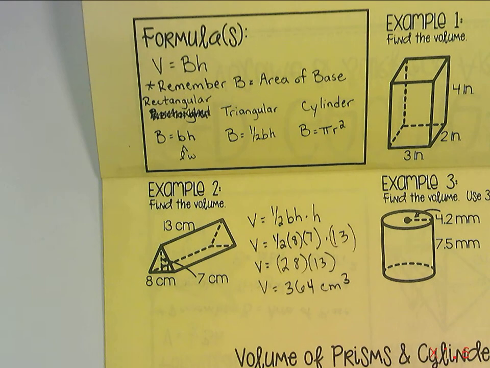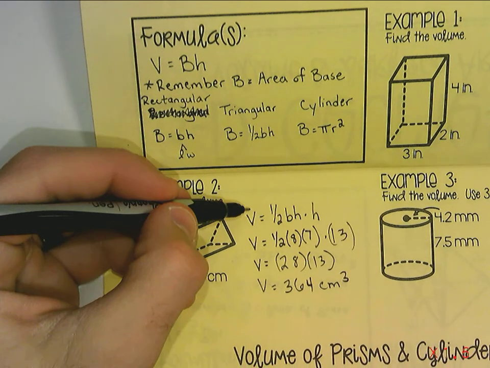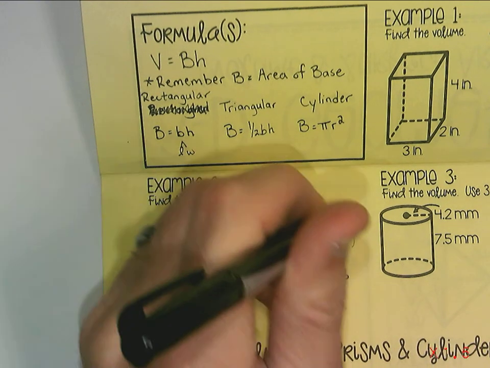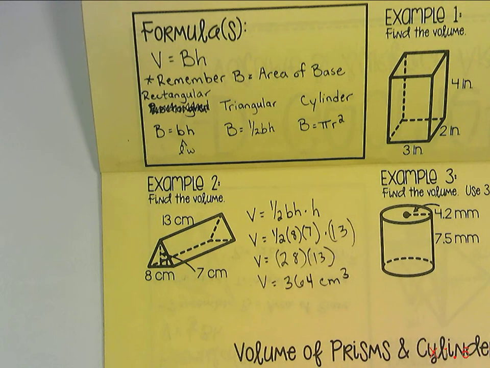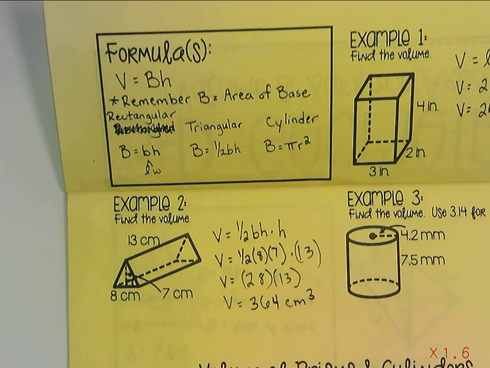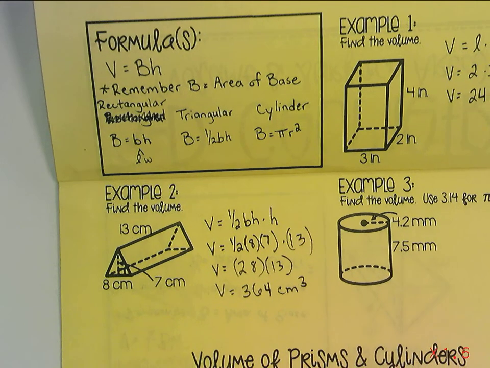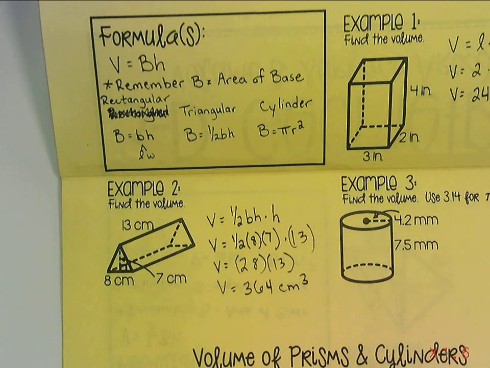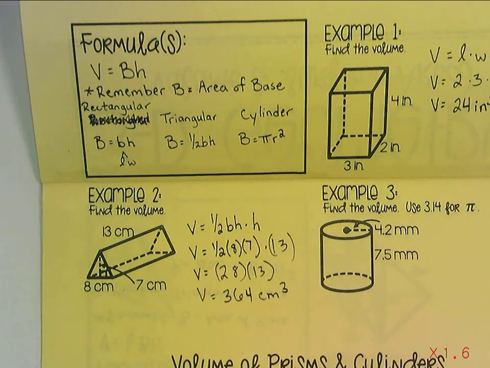Make sure that you're labeling your answers and you're showing work like this, working down through the equation. This is what I expect to see when you're doing these types of problems. It's much easier to look through your work to make sure you have everything correct, and if you made a mistake, it's easier for me to see where it is. So please follow that and use this type of work.